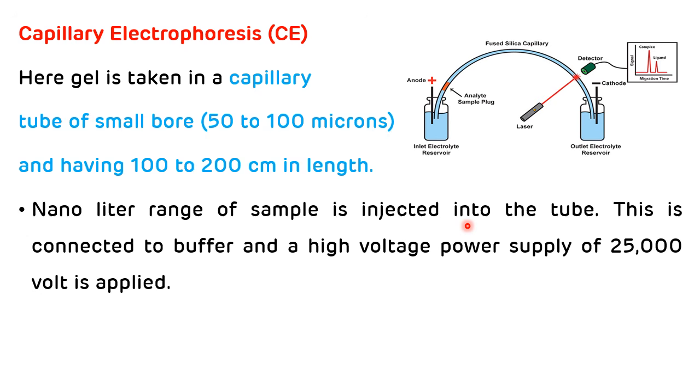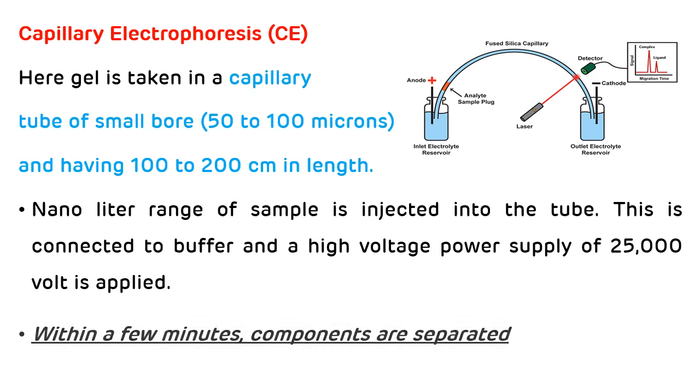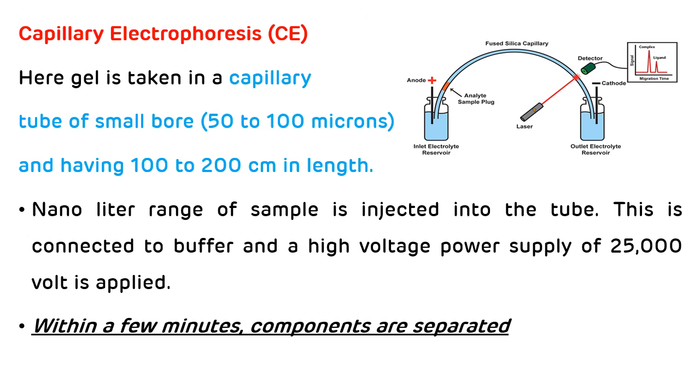A nanoliter range of sample is injected into the tube, and this is connected to the buffer, and a high voltage power supply of 25,000 volt is applied. And within a few minutes components are separated. So that is all about electrophoresis.